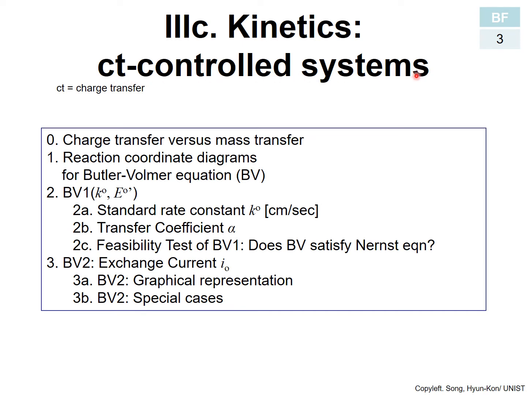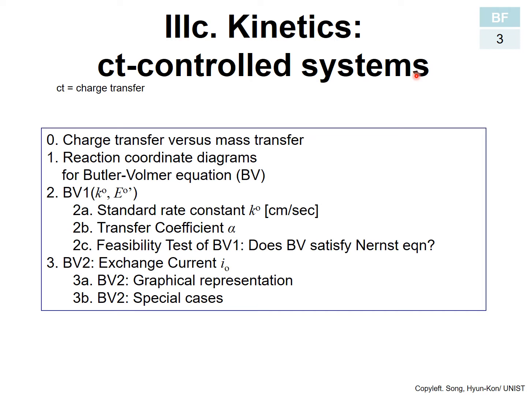In the mass transfer controlled systems, the rate capability of charge transfer is much faster than the kinetic capability of mass transfer. So we have assumed that the overall kinetics is totally determined by the mass transfer. Also, we have focused on the diffusion process dominantly determining the mass transfer process.